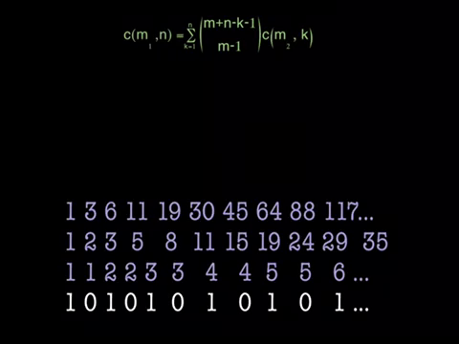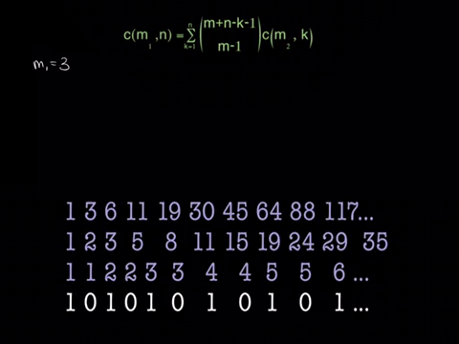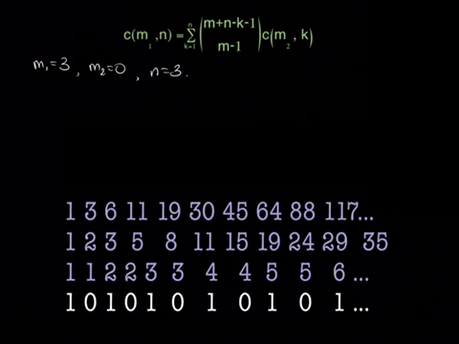Let's actually try this out. Suppose that M1 is equal to 3 and M2 is equal to 0. Let's also pick a particular n. Let's just say n is going to equal 3 as well. So we want to find the third term of the third sequence in the chain that is built from alternating 1s and 0s.